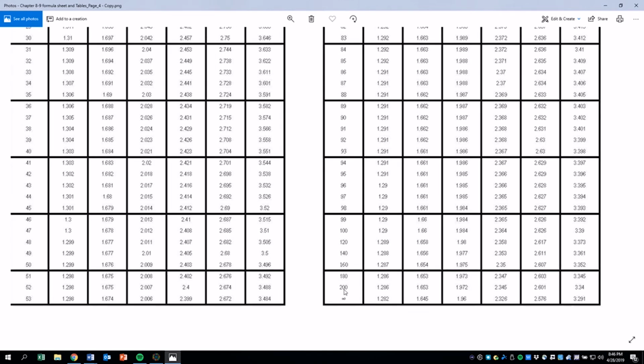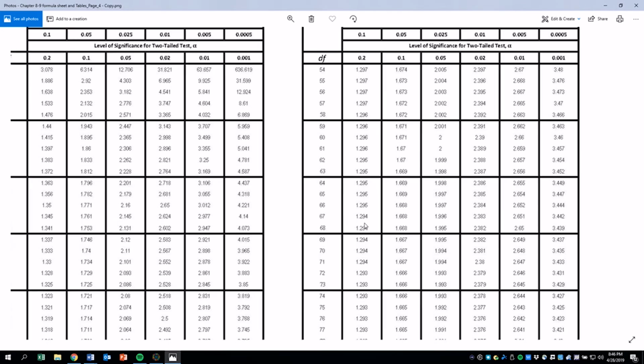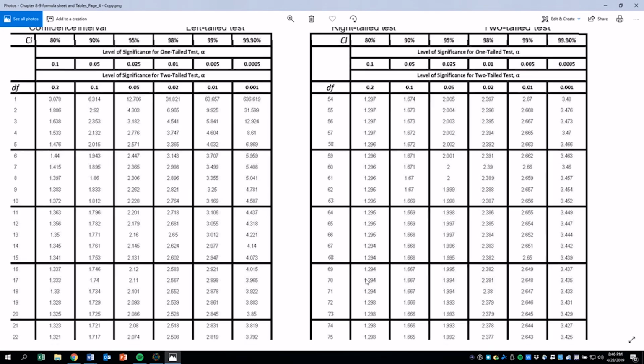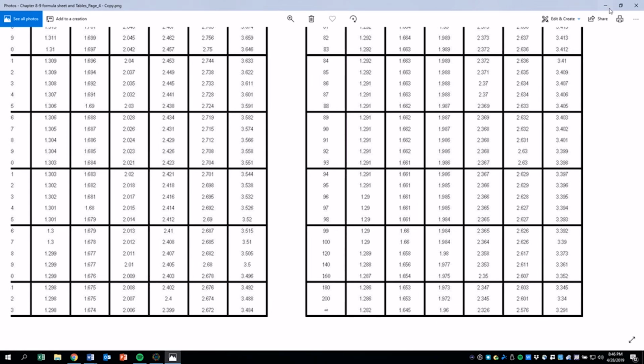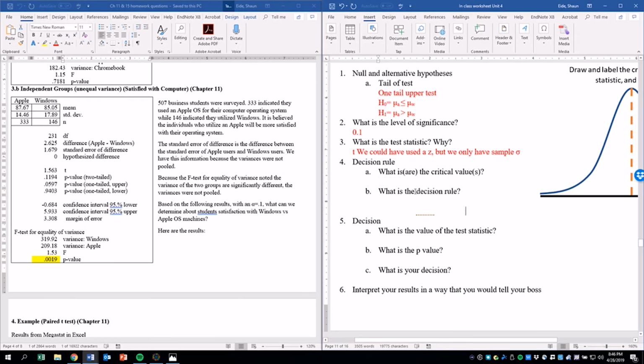And we're going to see with degrees of freedom, with infinity, it's 1.282. So infinity, because it's above 200, so we're just going to go with infinity, and it's 1.282. And that, once again, is the intersection between 0.1 and infinity. Okay, 1.282. And it's going to be positive because it's an upper tail test.